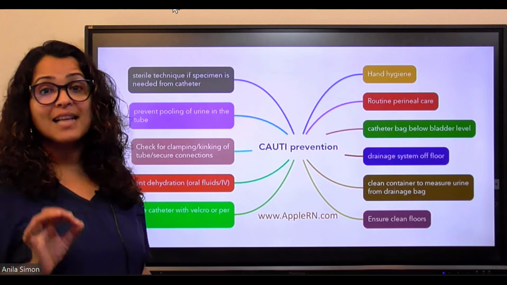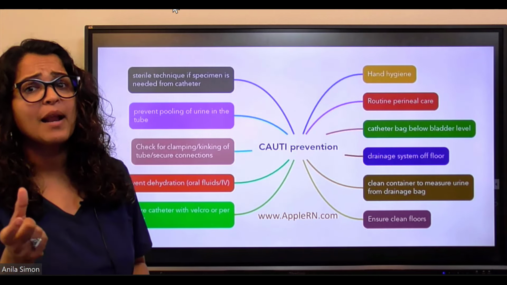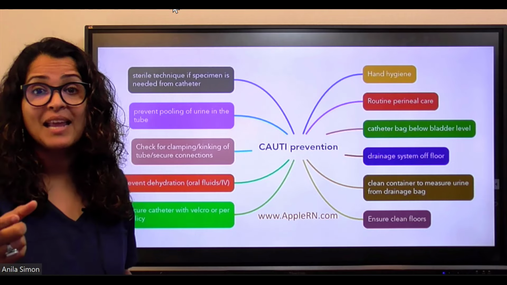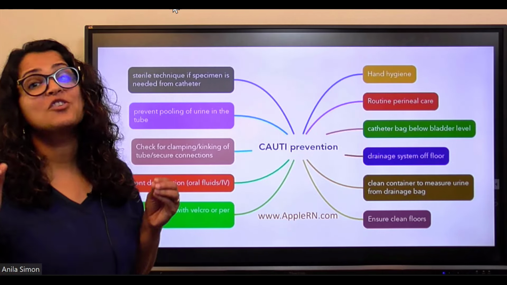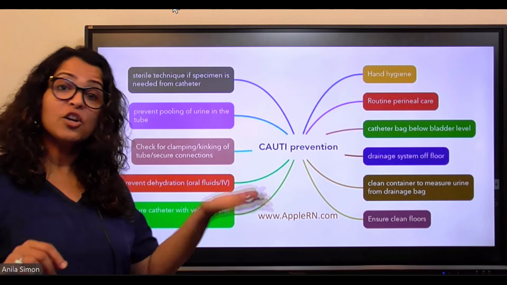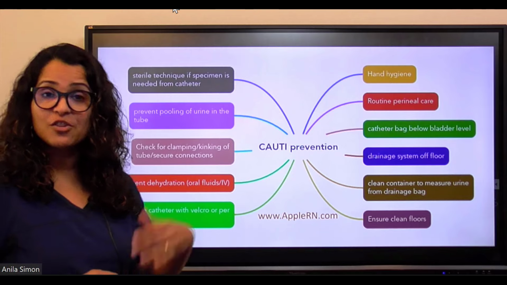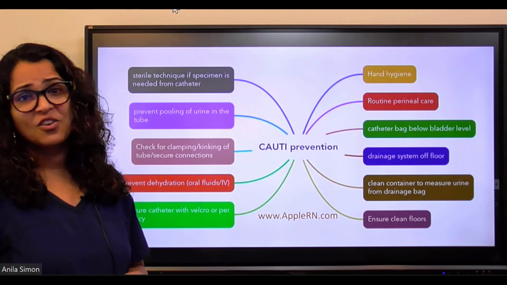If the doctor is asking you to clamp, most of the time there is going to be some parameter with it, like clamp for this many hours, or clamp and check back. So make sure that it's not getting clamped for a long time. It's going to create reflux of urine into the patient's ureter and kidney and cause damage, and that's not okay.